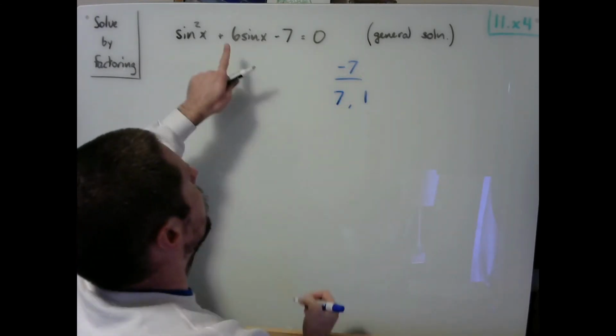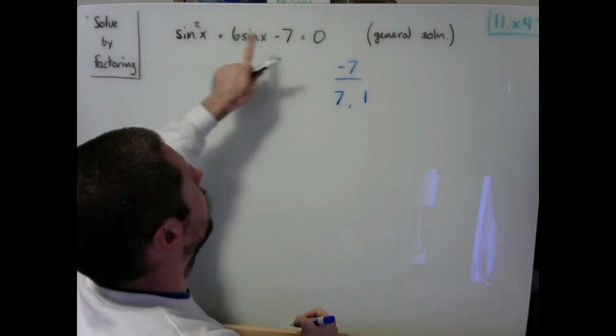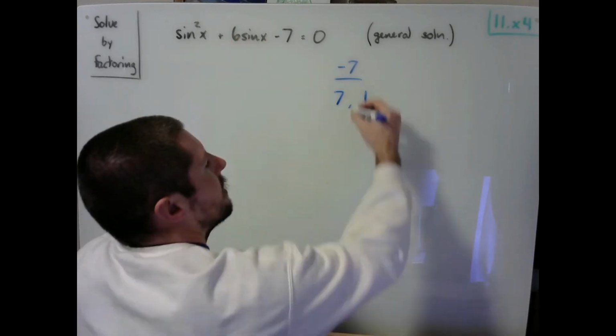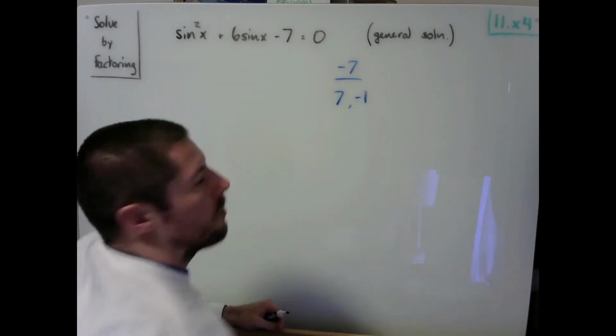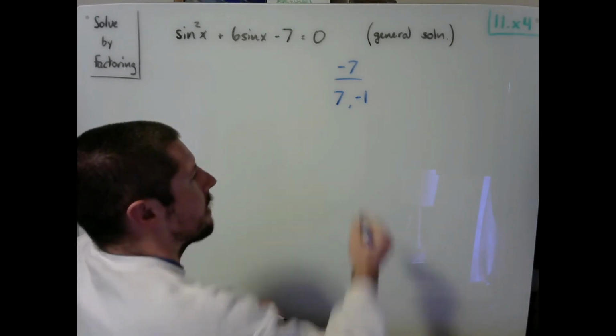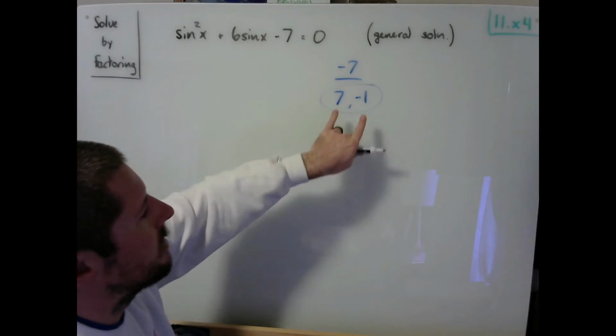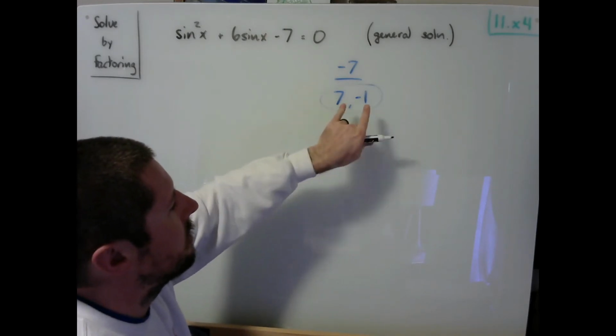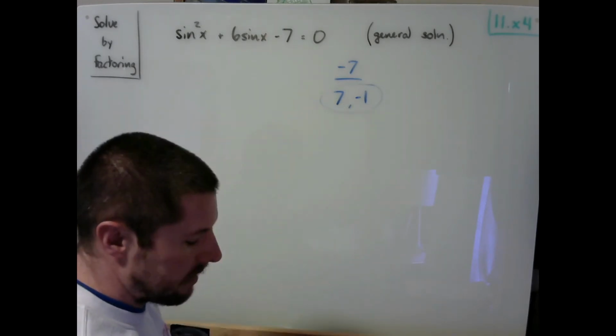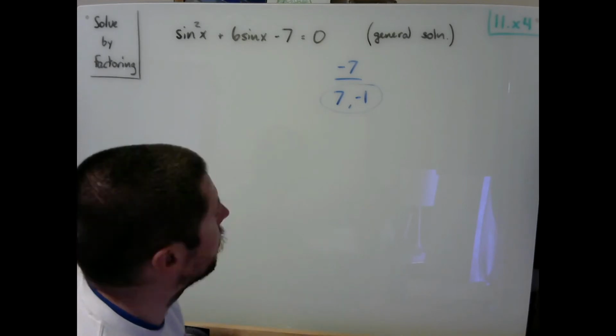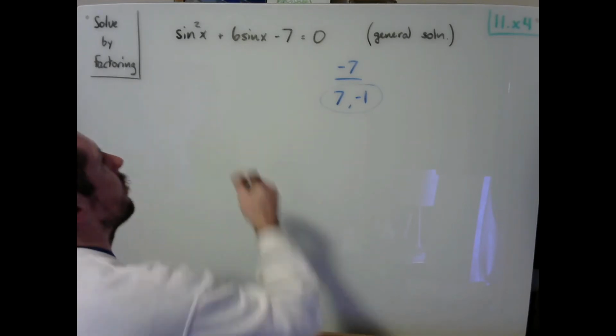But as we agreed, there's going to be one positive, one negative, and the larger of the two is the positive, so that means the smaller of the two is going to be the negative. So it looks like my only choice here is the 7 and -1. And the good news for us is that these do multiply to -7. These do add together to give +6. So it looks like this is going to be a reasonable product pair for us here.